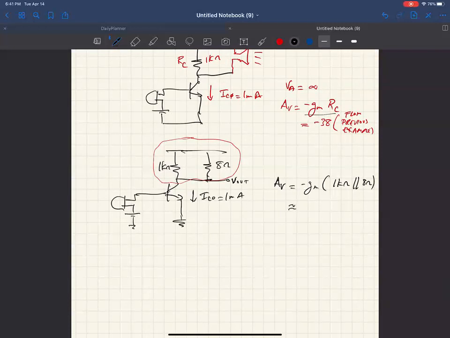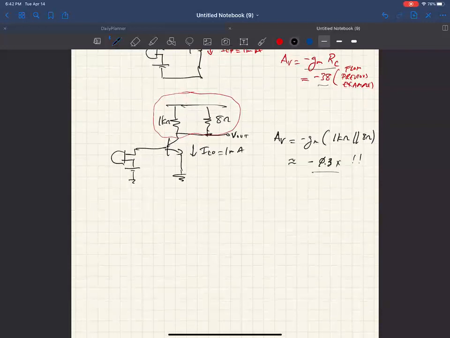This gives you something like minus 0.3, which is bad news. You thought you had a gain of 38, but after you hooked up your low input resistance load, you ended up with an attenuation. It went from a gain of 38 to a reduction in the signal by a factor of 3. That's a catastrophic result. Instead of gaining up your microphone signal to drive the speaker, you've actually attenuated it.